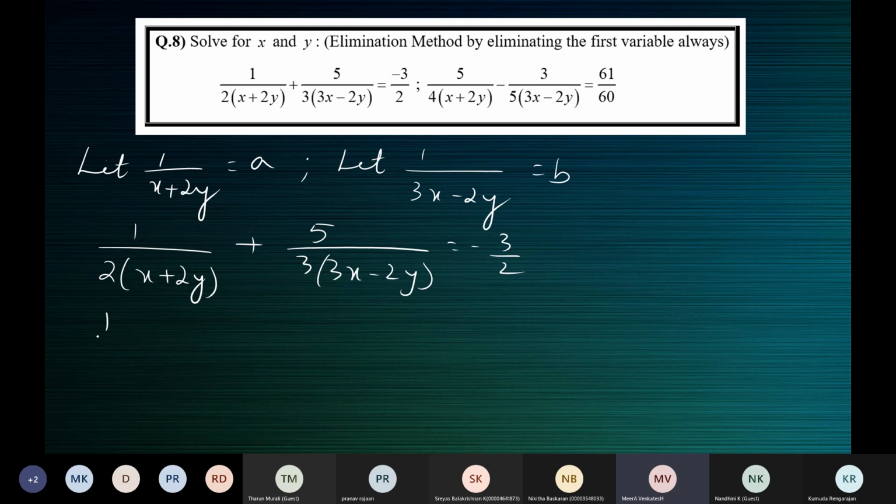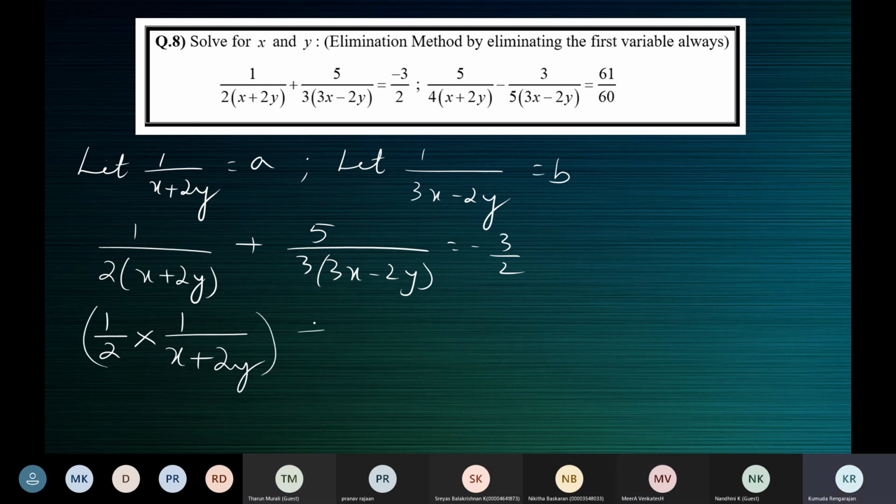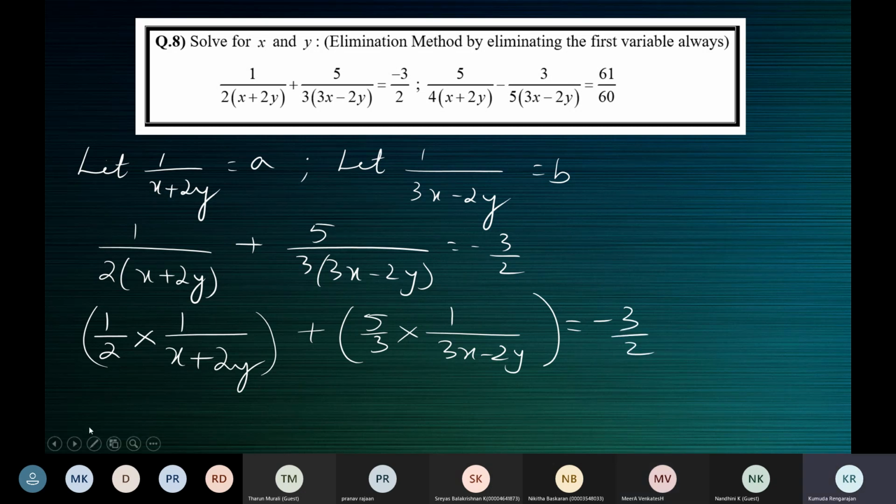No, before you use a 1 by 2 into A, I was expecting this: 1 by 2 into 1 by x plus 2y, correct? Plus 5 by 3 into 1 by 3x minus 2y is equal to minus 3 by 2. Now we have assumed this one to be A.